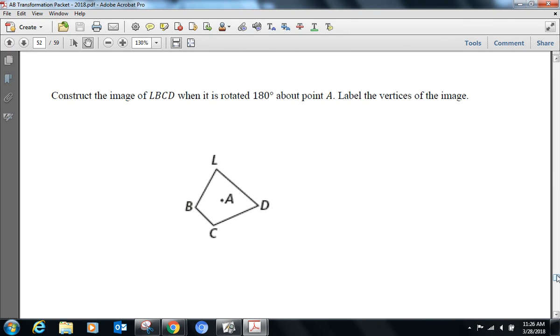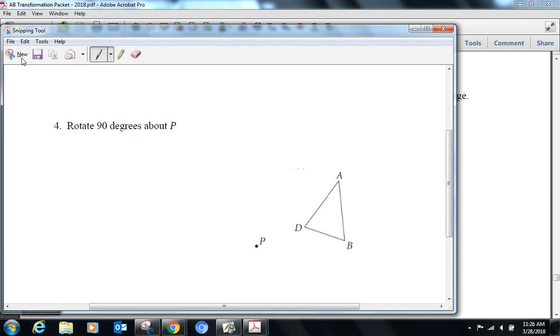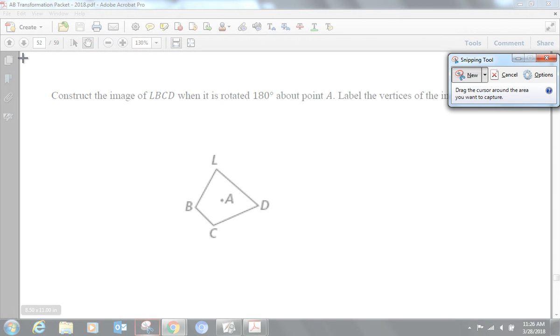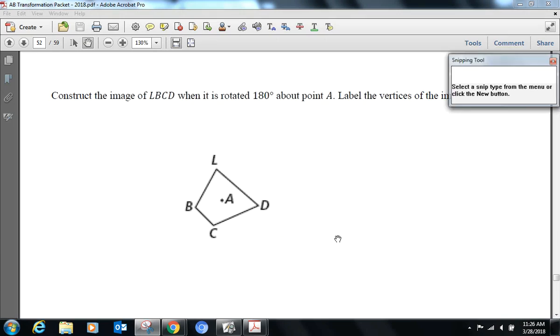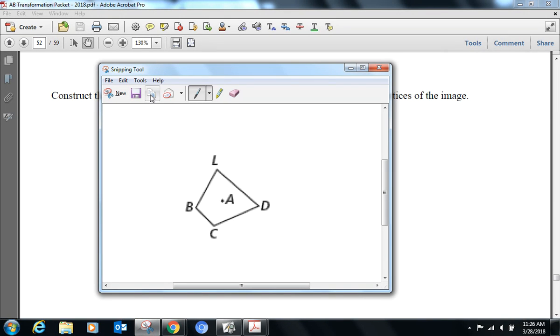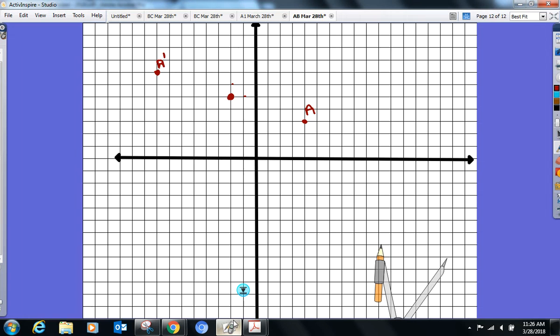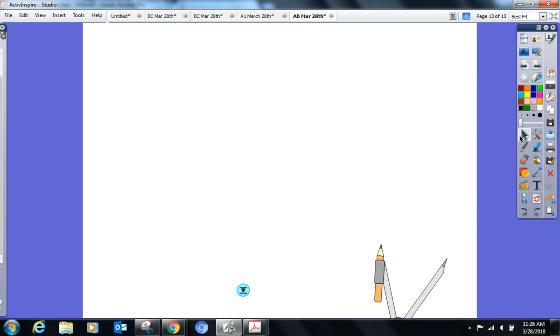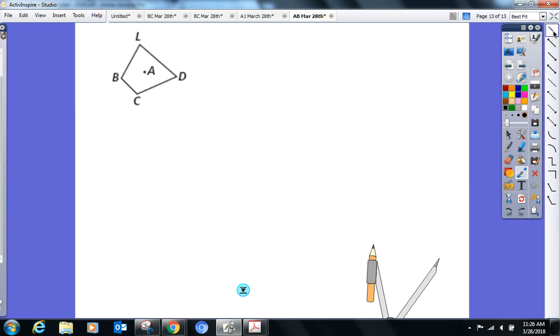Rotated 180? Yeah. Okay, remember what 180 is again. 180 is just a straight line, right? So all I'm going to do here is, let's say I wanted to rotate point B 180 degrees.